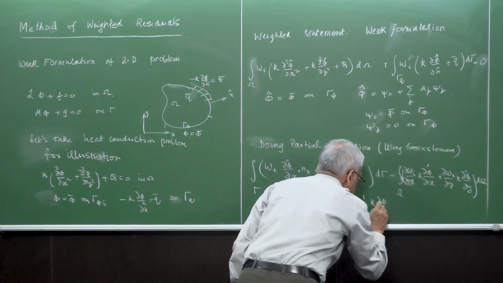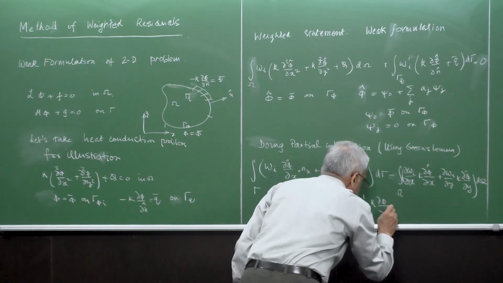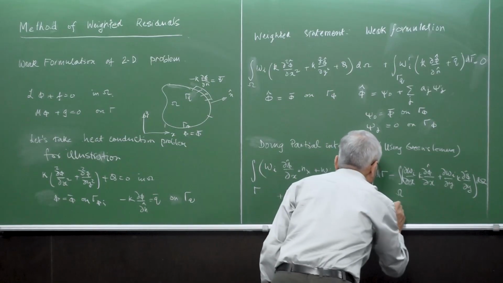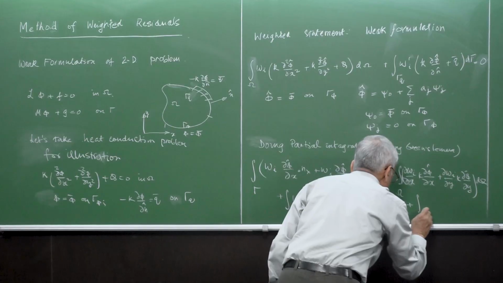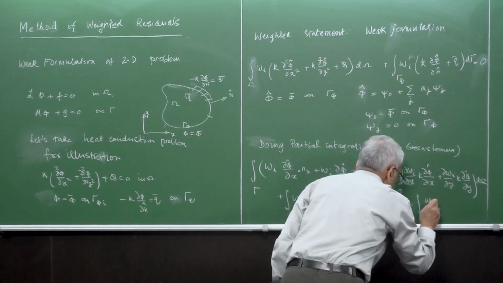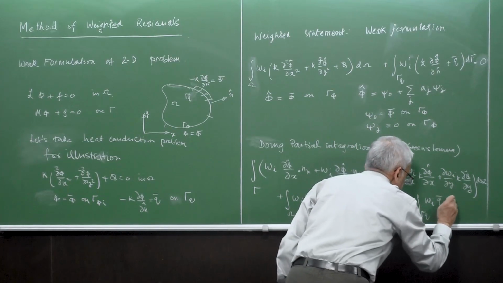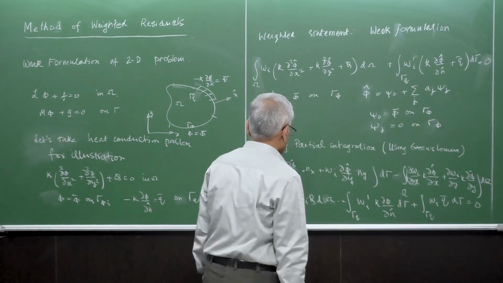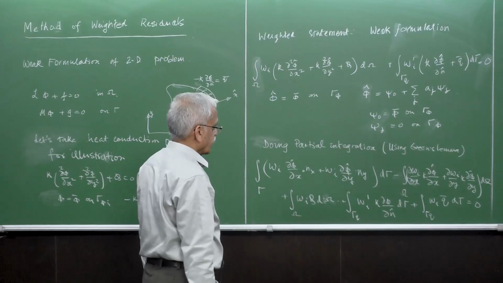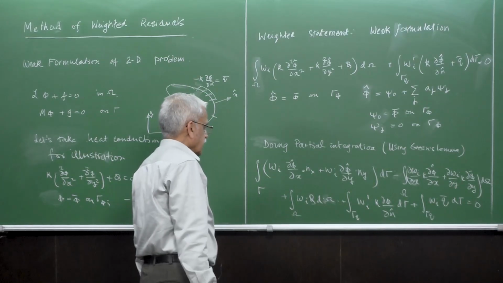I'll split up dou phi by dou n over gamma into two terms. Okay, so this will take care of all the terms, right?